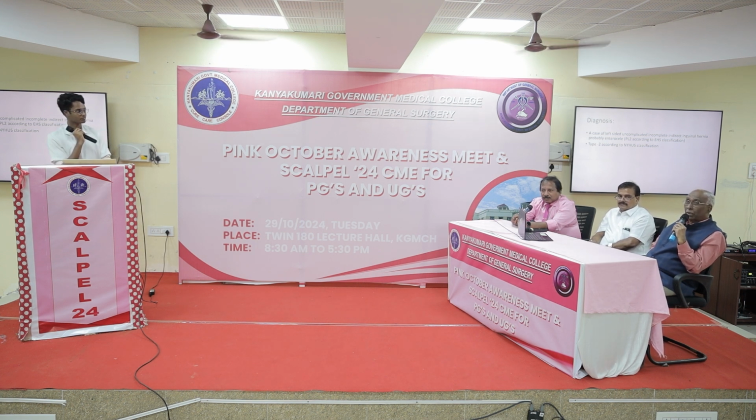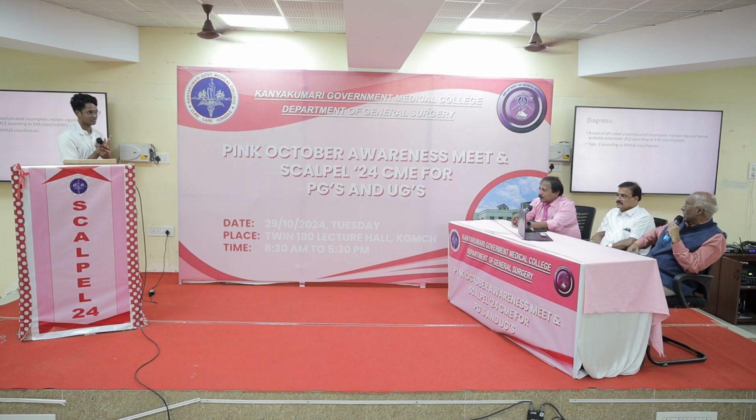If the patient is developing ascites, not only inguinal, sometimes even umbilical hernia will occur, with malignant ascites, portal hypertension, cirrhosis. All those conditions will develop, along with that, a hernia also.